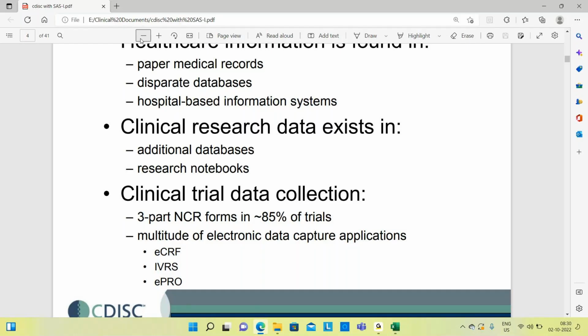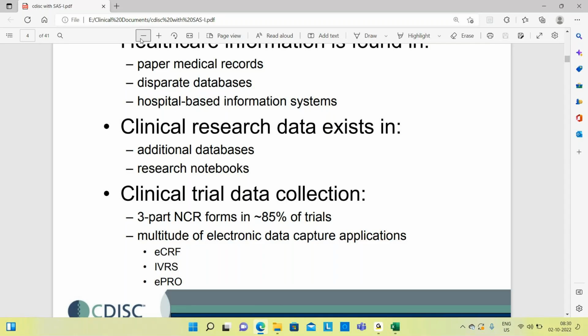ECRF. You know ECRF? ECRF stands for electronic case report form. Next, IVRS.